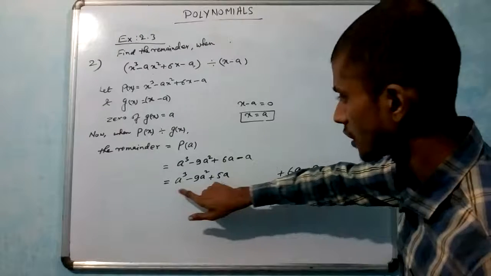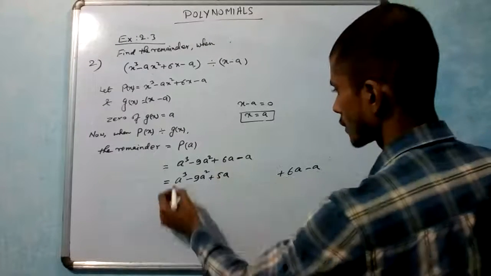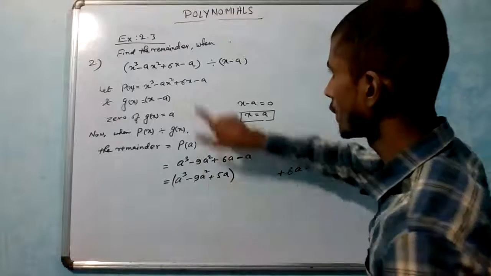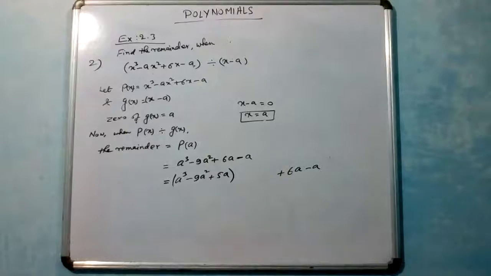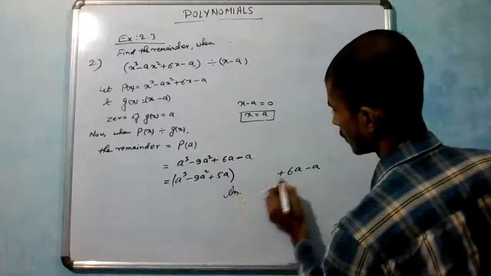Okay, so this is the remainder. This is the answer we will get if we divide this by this. This is the remainder in the end. So the answer is done.